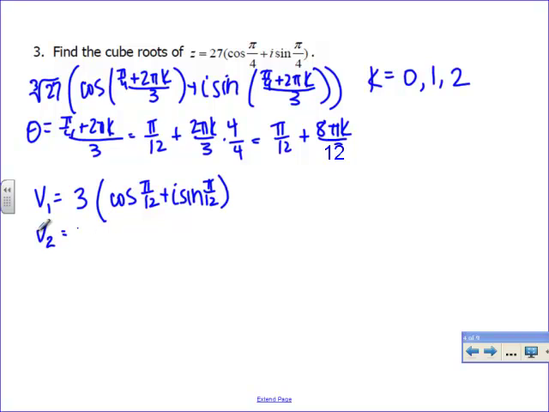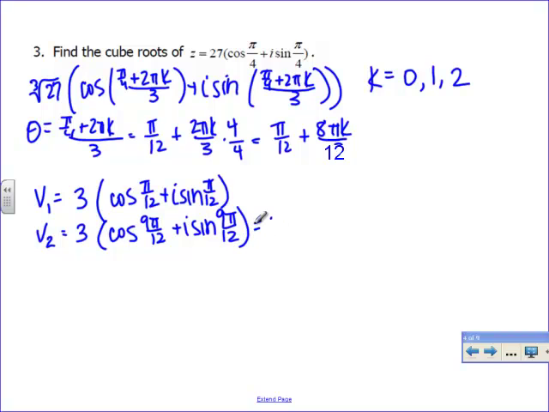Second answer, still the cube root of 27 out front, 3 cosine. This time I'm adding 1 times that 8 pi, so I'm adding 8. My 1 pi over 12 plus 8 pi over 12 should give me 9 pi over 12 as my second answer. If we're being picky, 9/12 reduces.